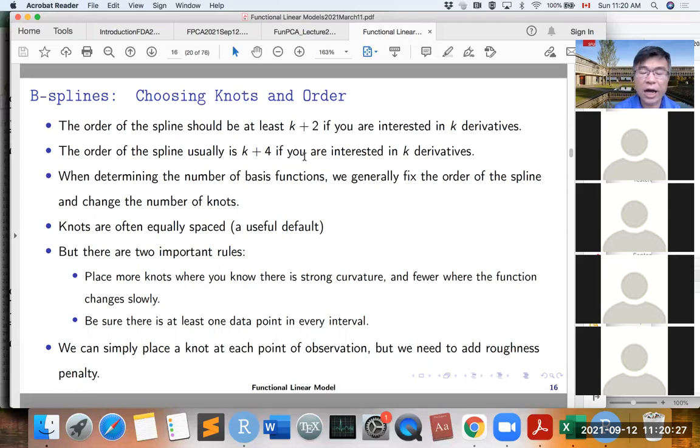These high order polynomials can become very unstable. So we only choose low order B-splines, and we can increase the flexibility of the basis functions by increasing the number of knots. Generally, the knots are equally spaced.